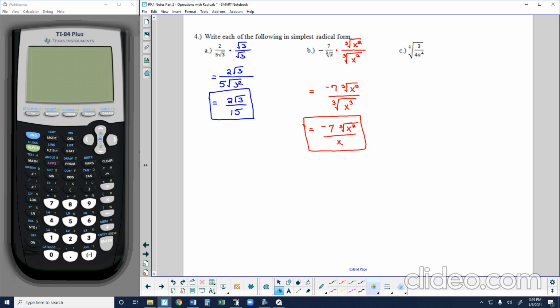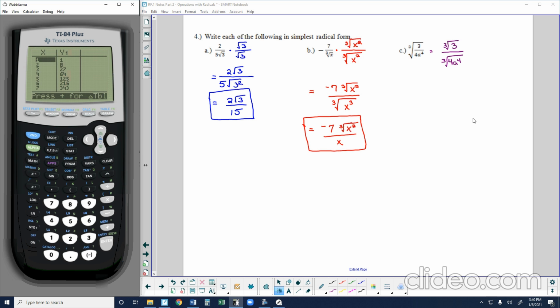In C, before I even worry about rationalizing the denominator, I want to simplify the expression. So currently I have one fraction that I can break apart into two fractions, the cubed root of 3 over the cubed root of 4a to the fourth. Well, if I'm looking for perfect cubes, I have that list right here. 4 is not on that list, and no factor of 4 is on that list.